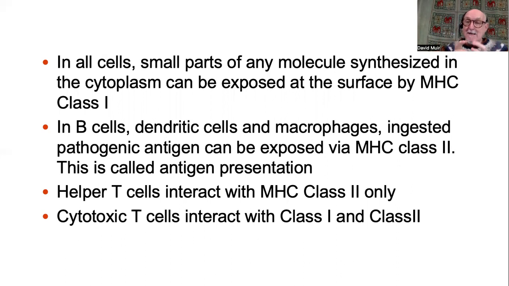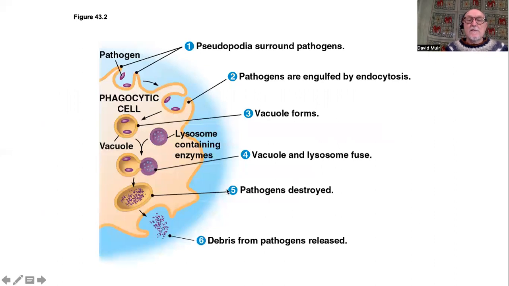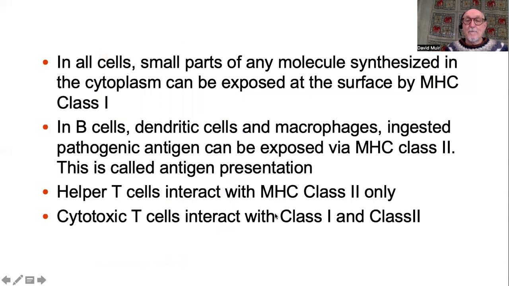when they ingest something and they digest it, they not only spit out debris like this, but they take portions of whatever it is they've digested and they expose it on their surface. And they do it with another molecule called MHC class 2, major histocompatibility class 2.